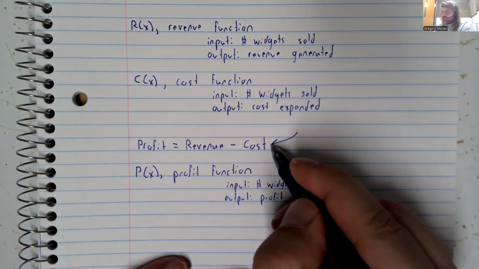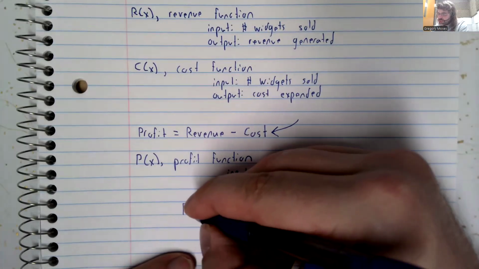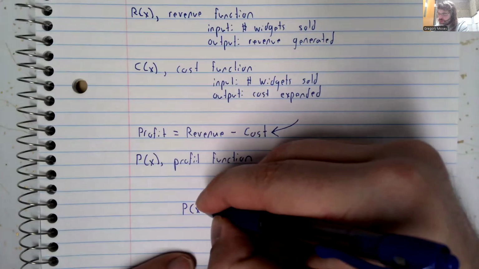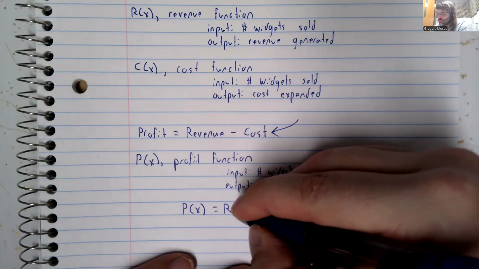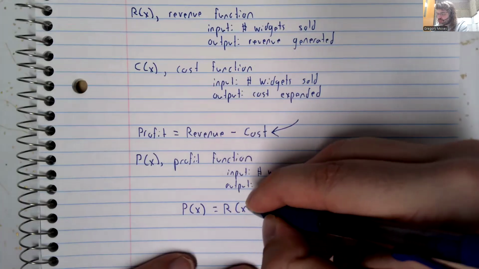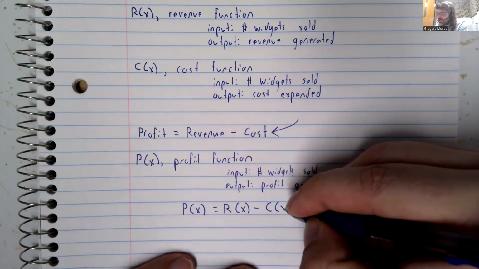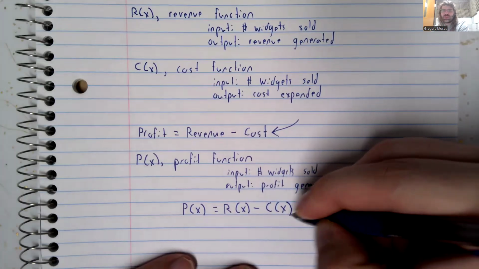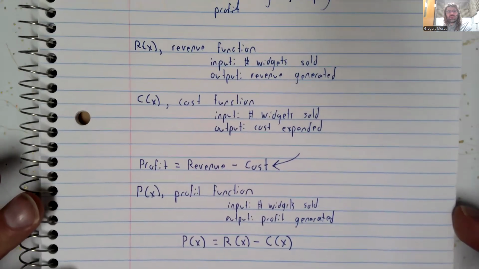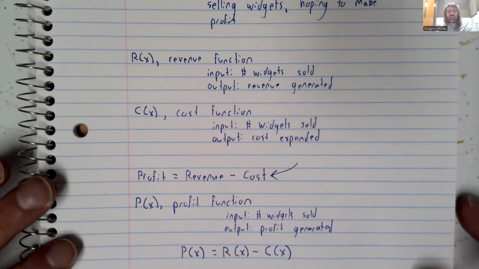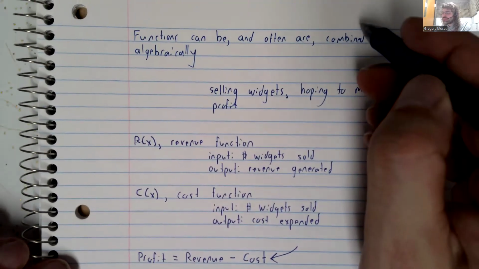And now taking this statement and expressing it in function notation, P of X equals R of X minus C of X. So nothing here very shocking, I think.